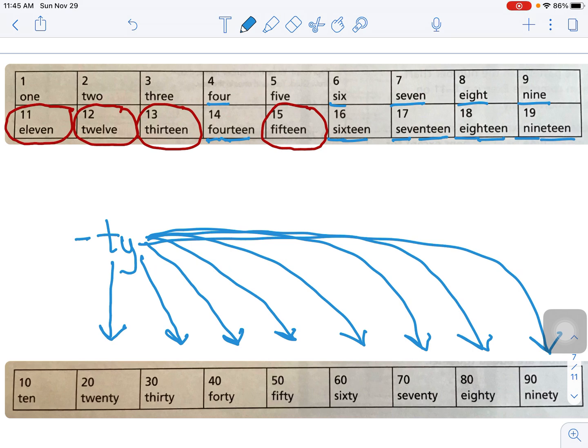So we noticed with the T numbers, the T means a group of 10. See what I'm talking about with the T's down here? There we go. Look at that.